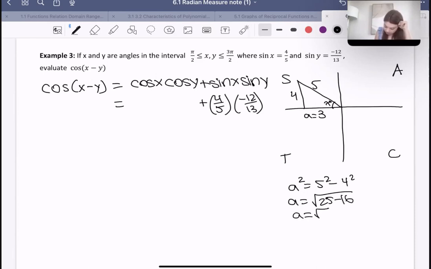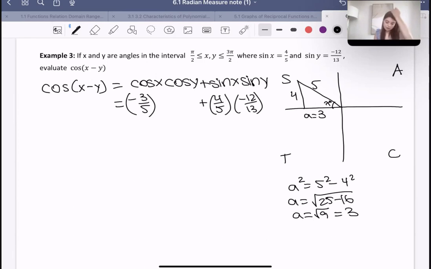So a is root 9, or 3. And now that we know the triangle, we can figure out cosine of x. Cosine of x is adjacent over hypotenuse, which is 3/5. And cosine is negative in quadrant 2, so it would have to be negative 3/5. So negative 3/5 is our answer here.